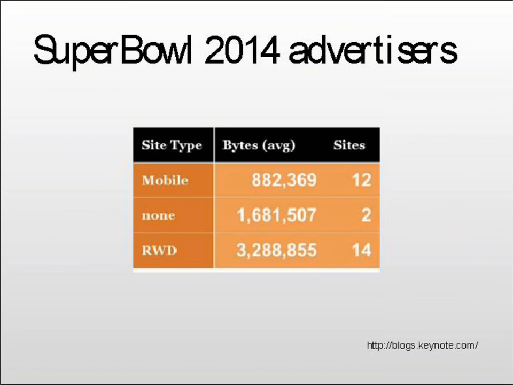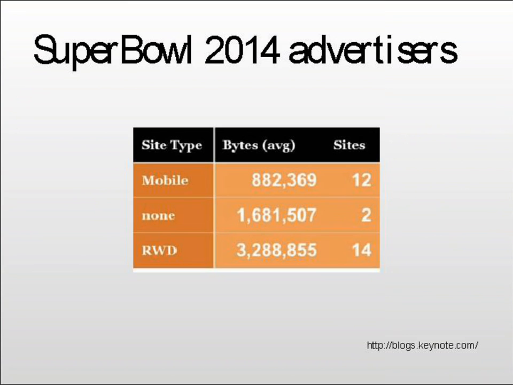Basically, half of these advertisers have a mobile version, so a desktop version and a mobile version. As you can see, the mobile version, on average, was around 800K, the whole homepage, HTML, CSS, JavaScript files, and images. Half of these advertisers, even more than half, were responsive web design solutions.